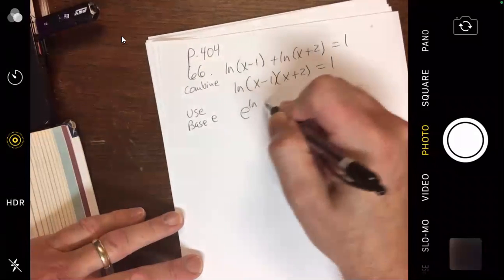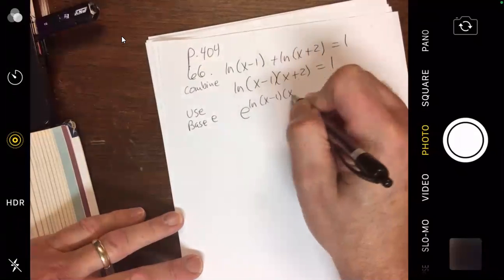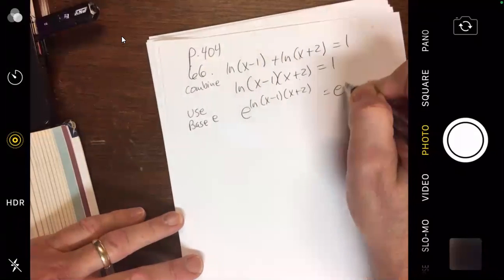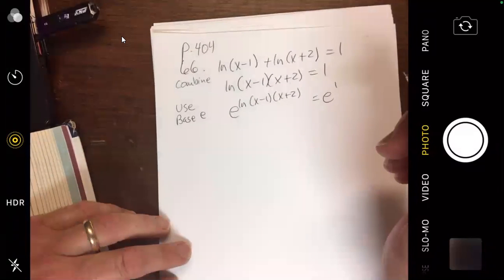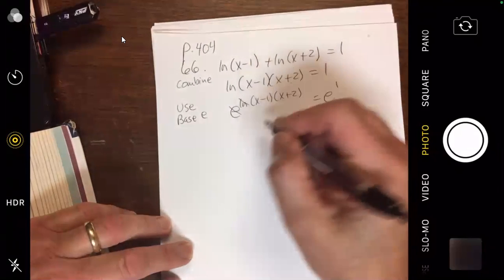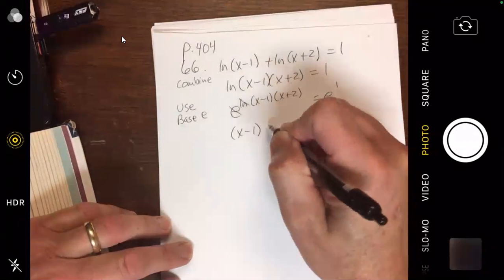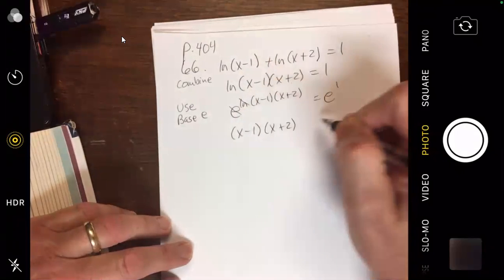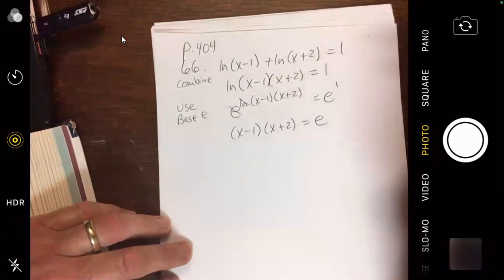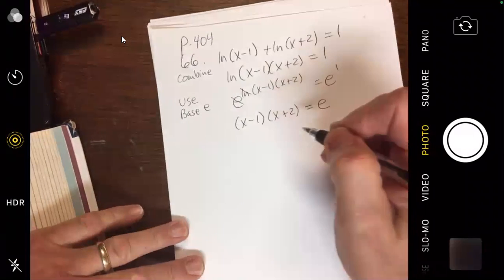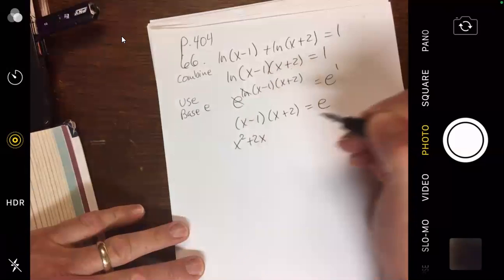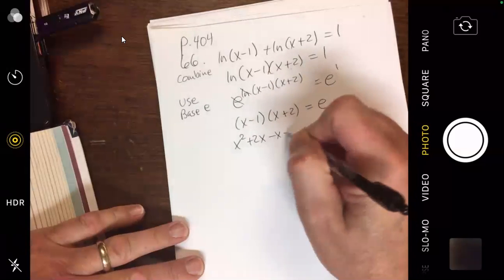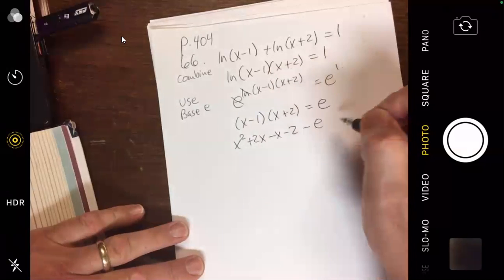All right, use base e. e to the ln of x minus 1, x plus 2 equals e to the 1. Similar to last problem, so this base e undoes that. All right, so that means x minus 1 times x plus 2 equals e. So that is x squared plus 2x minus x minus 2 minus e.